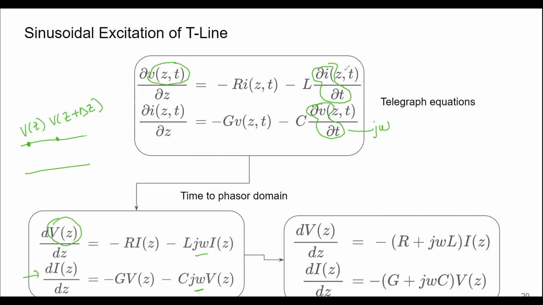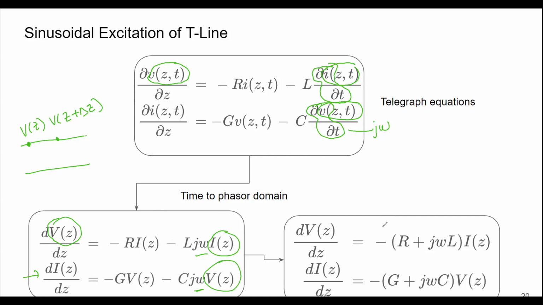So in here also I(z,t) is replaced by IZ and V(z,t) is replaced by VZ. By writing like this, the equations now look much simpler, clearer and easier to understand.